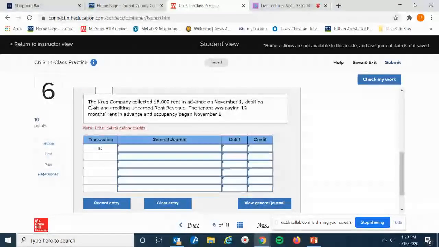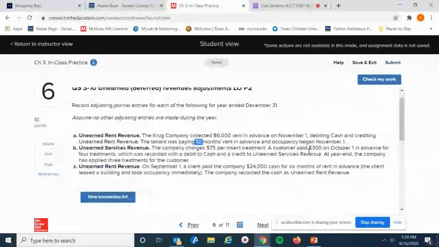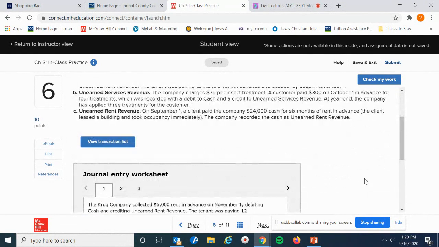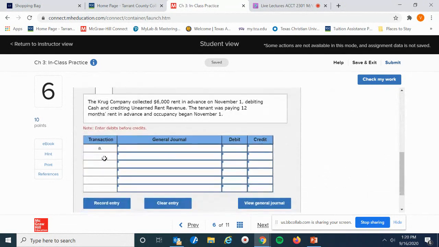So here is my journal entry. What am I supposed to do? I'm supposed to record the adjusting entry for each of the following for the year ended December 31st. Okay, so December 31st, if you look at the dates, the company has provided the tenant with a space to rent for the month of November, right? And then the month of December.